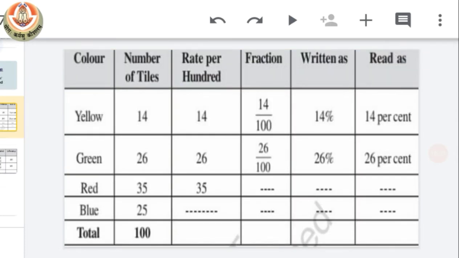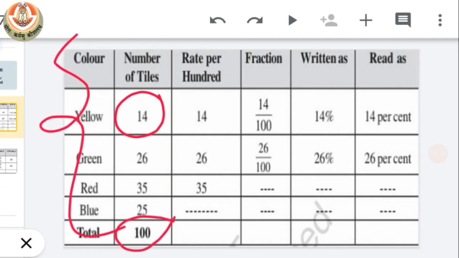Now let's see when we have to find the percent of given numbers. As you can see here, we have the number of tiles given, the number of different colors of tiles given, and the total is 100. So this is the case when we have the total as 100. So we just have to divide the given number by 100 to find its percent.